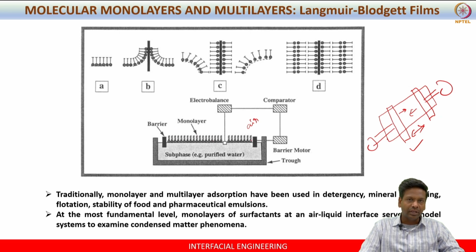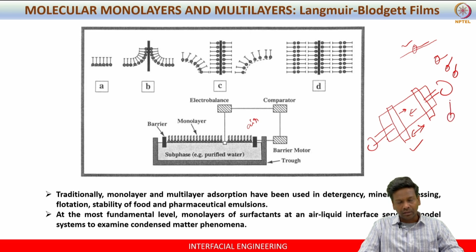And when you perform the compression isotherm, initially the molecules will be wide apart, which means they will be lying flat at the interface. Now as you move the barriers close to each other, the orientation of the molecules will change from this state to getting tilted up. I mean, the tail part will get aligned vertically as you move the barriers close to each other.